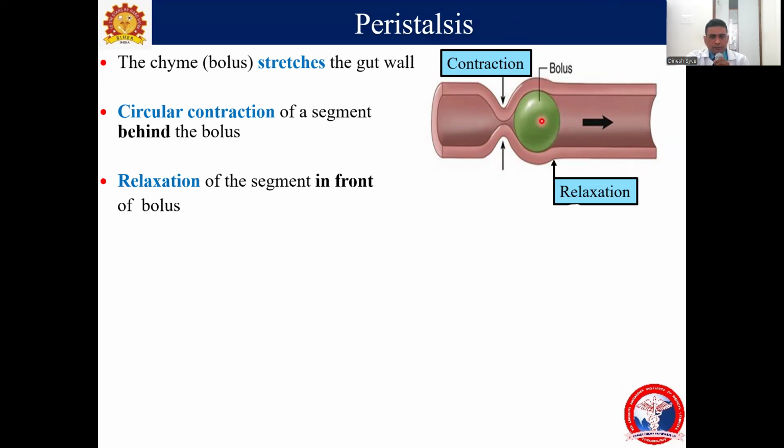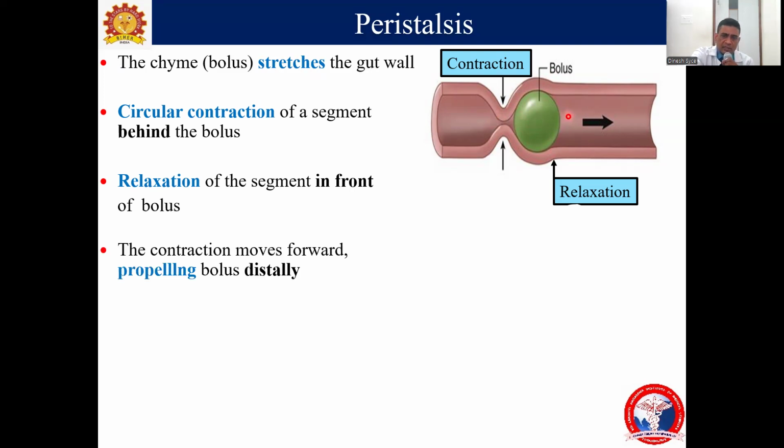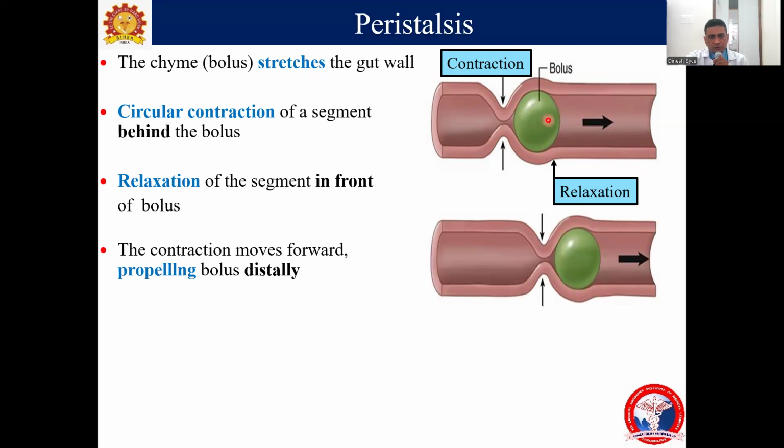We have a bolus of chyme, partially digested food in the intestinal lumen, which is stretching out the intestinal walls. In response to this, two things happen. The segment behind the bolus will contract. The segment in front will relax. Because of this, food is going to be pushed just a few inches forward down the intestine. The food was here, now it's being pushed just a little bit forward.